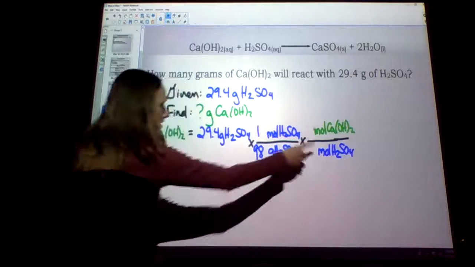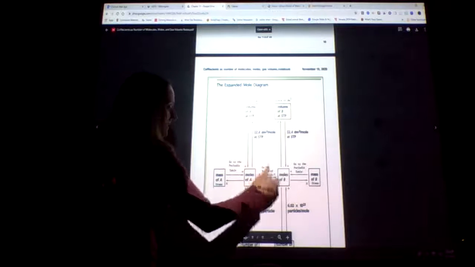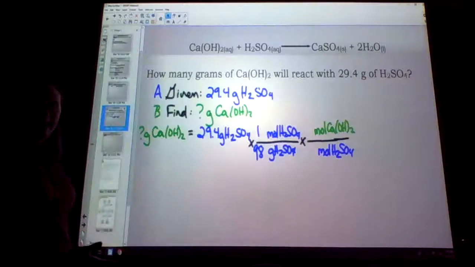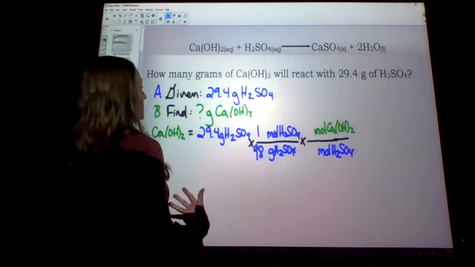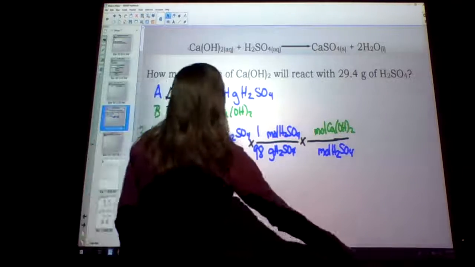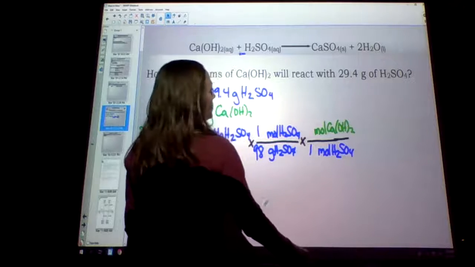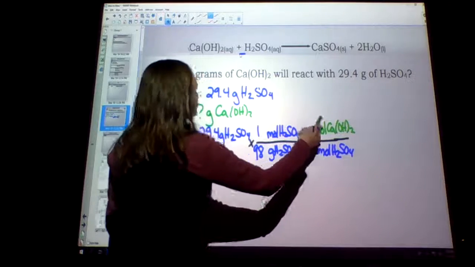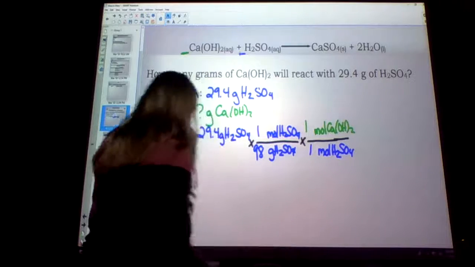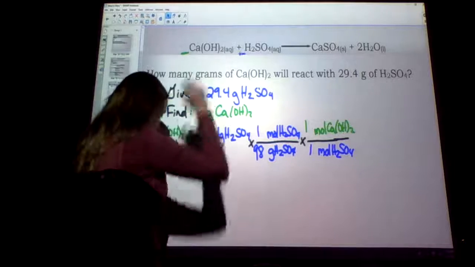This is the step where we use our balanced equation. That's where we use our coefficients, and our number of moles may not be 1; they could be a different number. Our number of moles of H2SO4 is going to be 1, and our number of moles of CaOH2 will also be 1. Like I said, they may be different depending upon your balanced equation's coefficients.